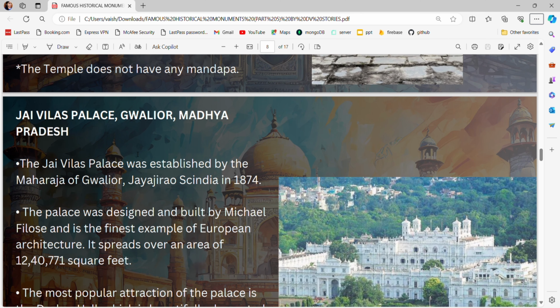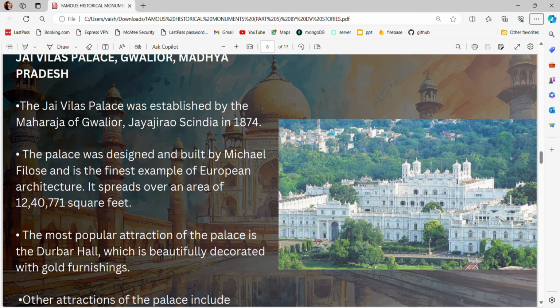Next, that is Jai Vilas Palace, also located in Gwalior, Madhya Pradesh. The Jai Vilas Palace was established by the Maharaja of Gwalior, Jayajirao Scindia, in 1874. The palace was designed and built by Michael Filose and is a fine example of European architecture.